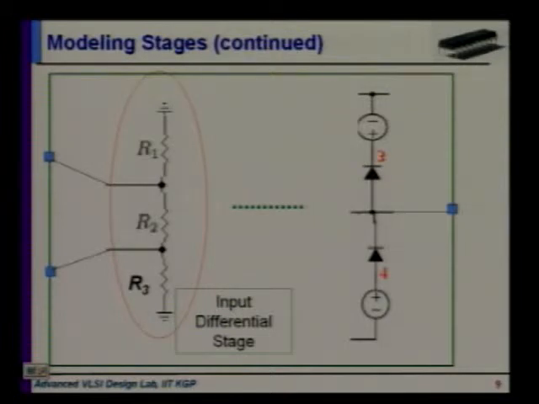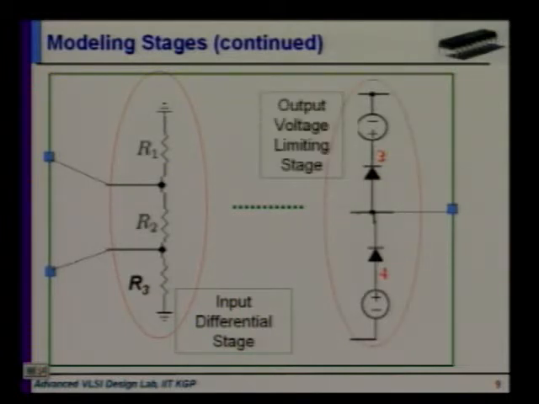R2 is the differential mode resistance, R1 and R3 are the common mode resistances. This is only the resistive effect. Similarly, if you add a capacitor in parallel to R1, R3 as well as R2, they will represent the common mode capacitance and differential mode capacitance. As overall impedance, you can model the input impedance in this way.